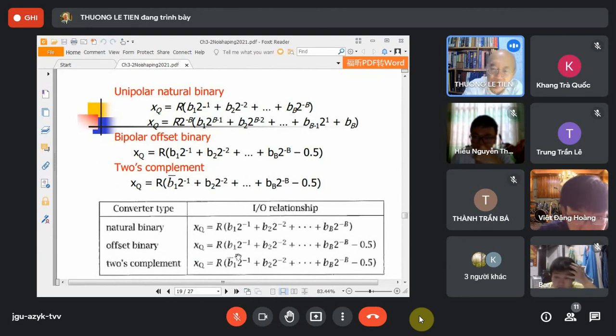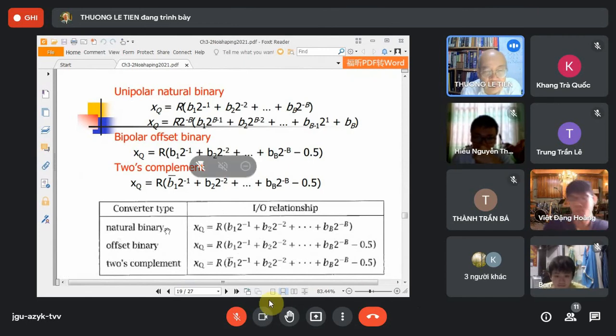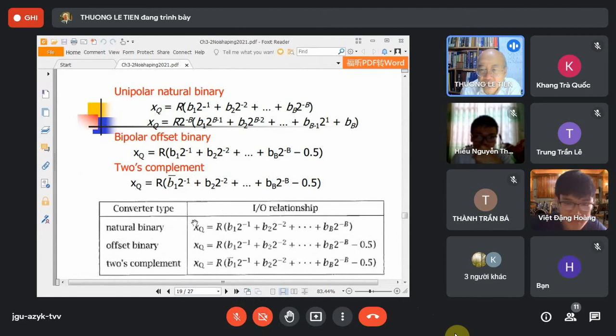If we want to work out the values of the sample corresponding to the code, namely SQ, we just apply this formula: R full scale, and we know B1 to B, then we can work out SQ for unipolar.